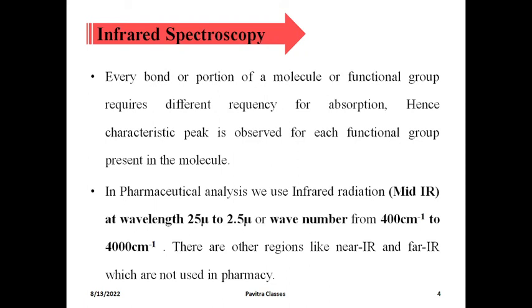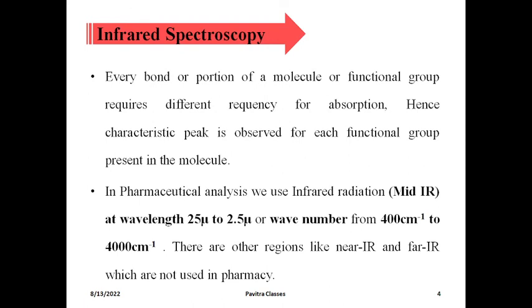In pharmaceutical analysis, there are many electromagnetic radiations. After the UV, infrared radiation takes place. In the IR, three regions are there: the middle infrared range, near infrared range and far infrared range.